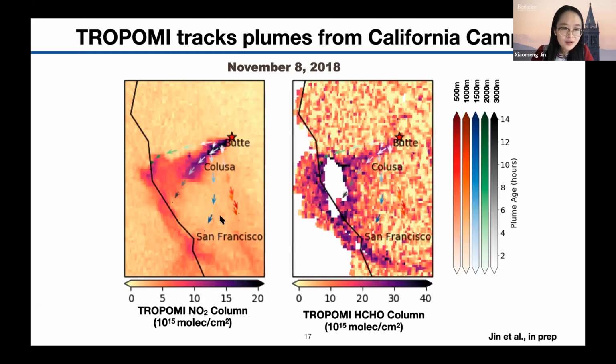The arrows here show you the wind-derived trajectories of these plumes at different altitudes. And you can see that the transport of the emissions mainly follows the trajectories at high altitudes between 2,000 and 3,000 meters, which means that the Camp Fire injects a lot of emissions into the free troposphere.